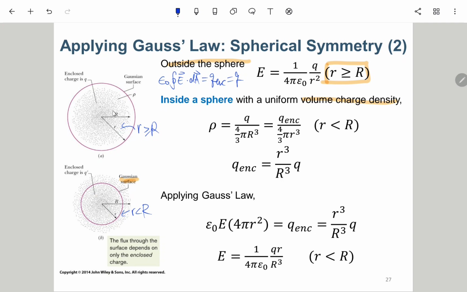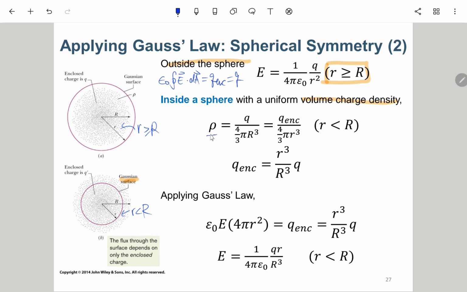But as the Gaussian surface is smaller than the whole sphere, Q enclosed is not Q anymore; it is smaller than Q. What we know is that the charge density is uniform, so we can obtain a ratio.